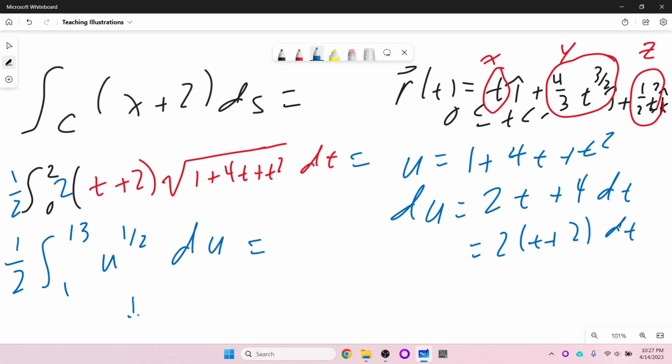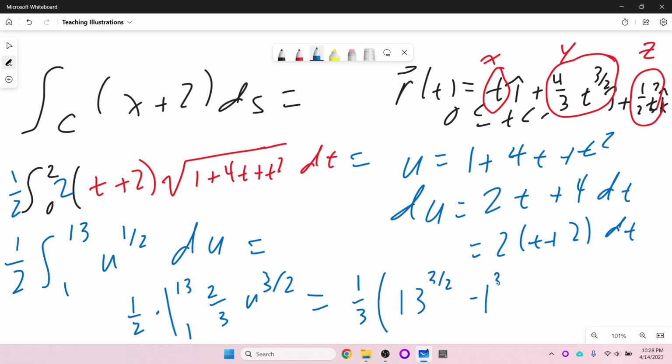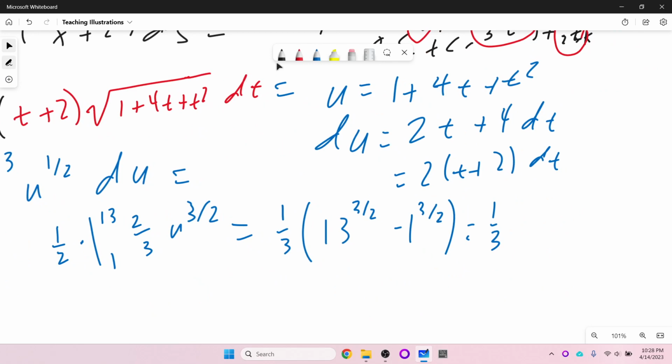We get 1/2 times the integral evaluated from 1 to 13 of 2/3 u to the 3/2, which is 1/3 of 13 to the 3/2 minus 1 to the 3/2. Or if you prefer, 1/3 of 13 root 13 minus 1.